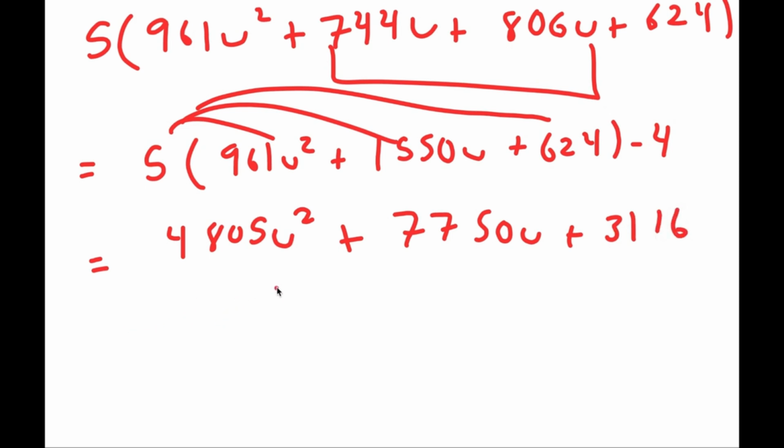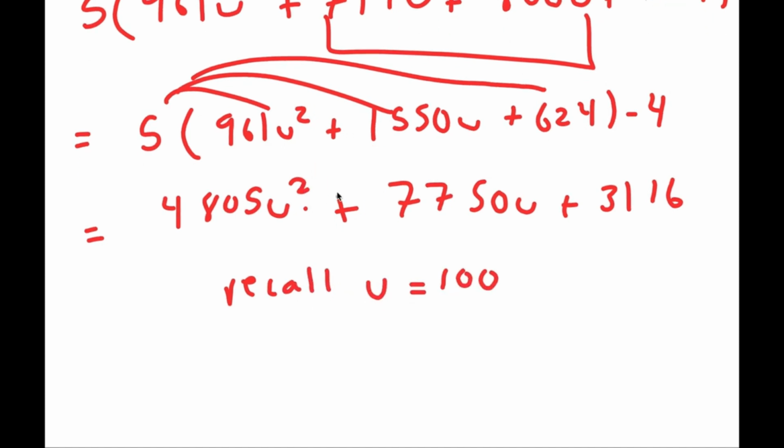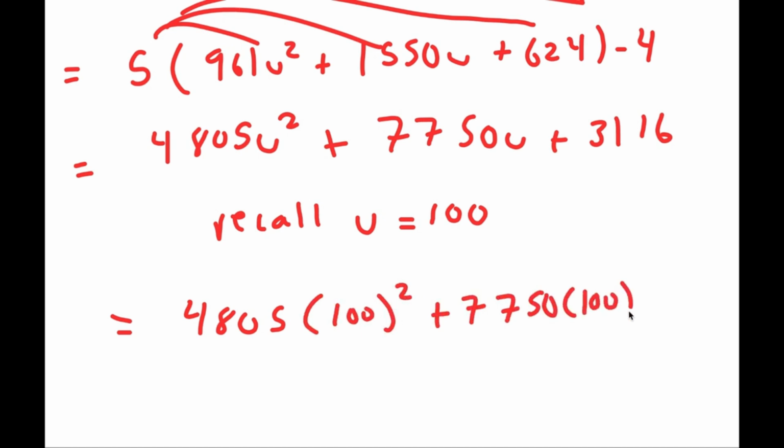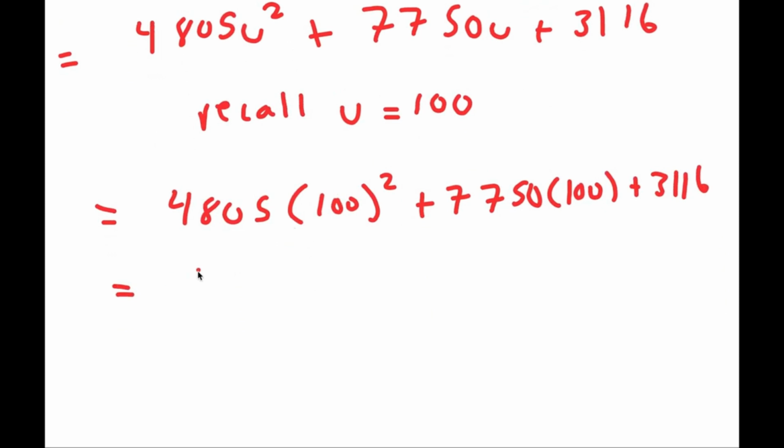Now, the last step is to just plug in the value of u. So remember, u is equal to 100. So it's not that hard to just plug it in because all we have to do is work with hundreds, and multiplying hundreds is simple. 100 squared is 10,000.